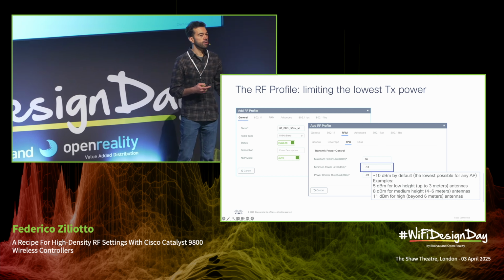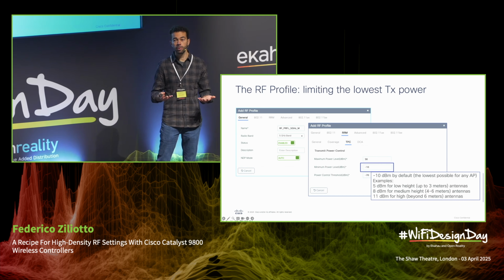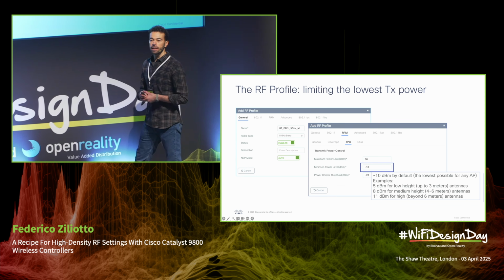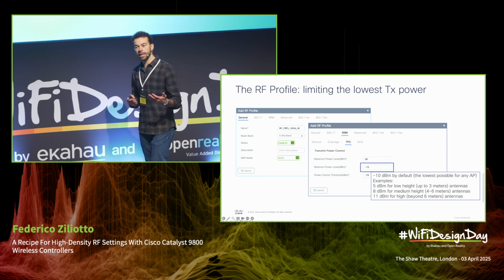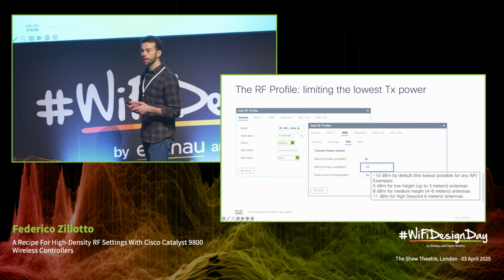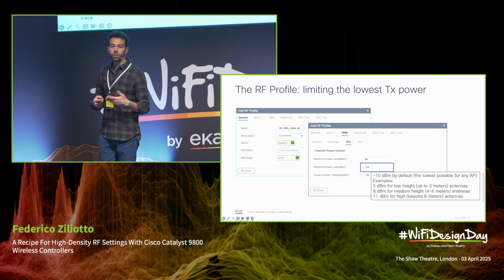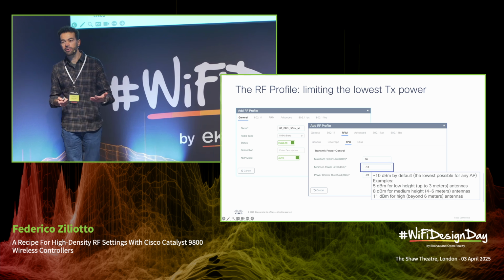The one in charge of automatically reducing the transmit power is called Transmit Power Control. So by going into the RF profile and telling the controller, for example, for access points that we're going to assign to access points installed at medium height, we don't want the transmit power to go below a certain threshold.